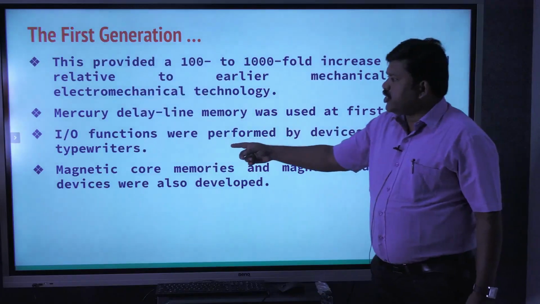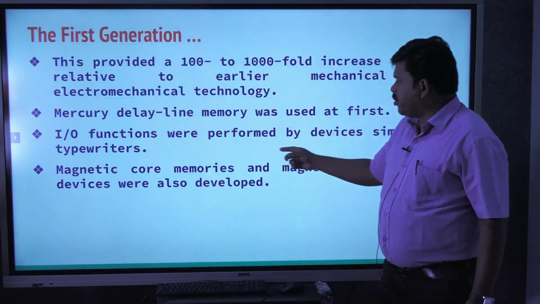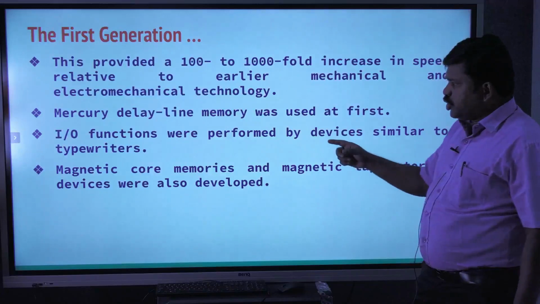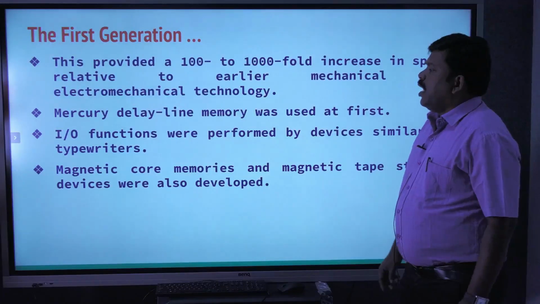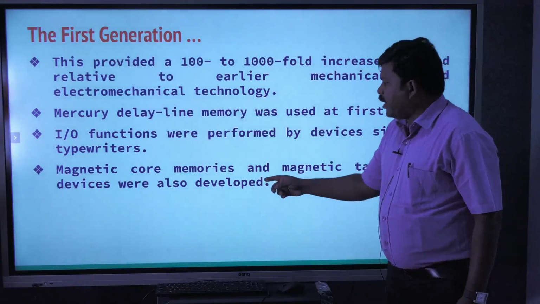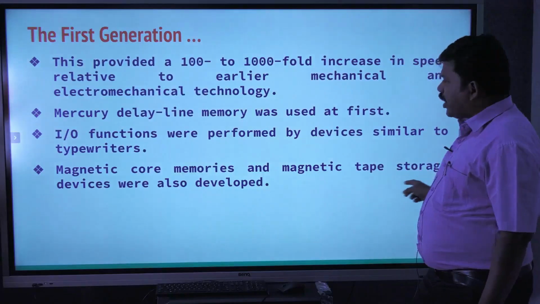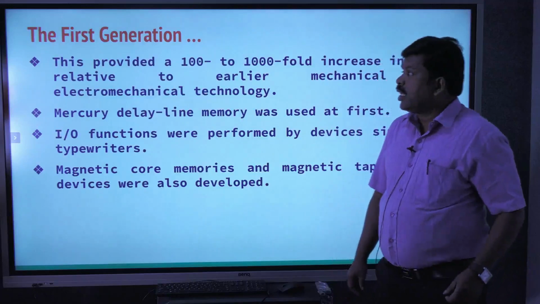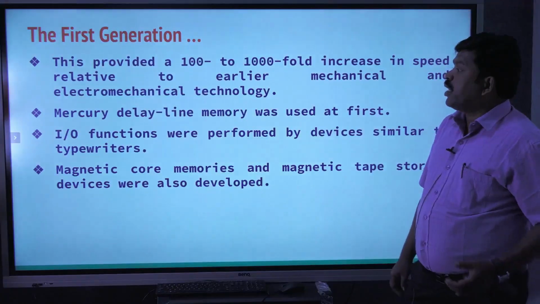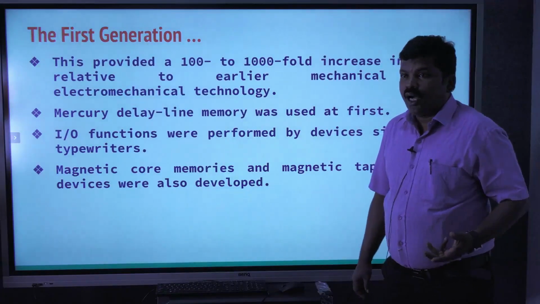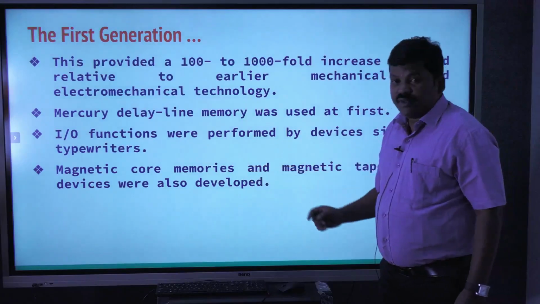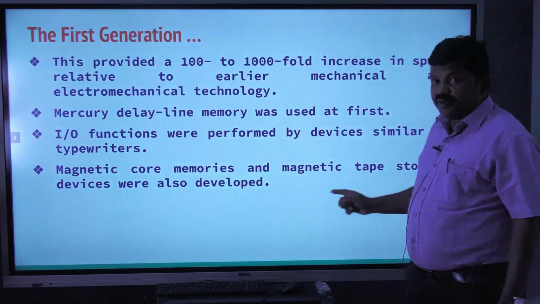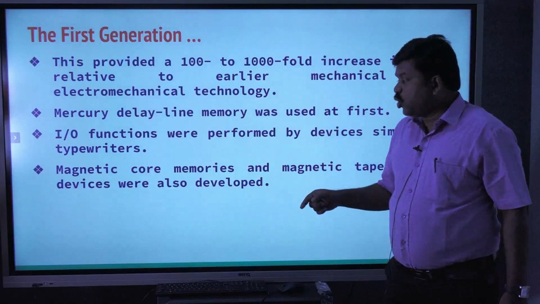In the first generation itself, I/O functions were performed by devices similar to typewriters. Also, magnetic core memories and magnetic tape storage devices were developed during the first generation. Magnetic core memories were used, and magnetic tapes were used for external storage.